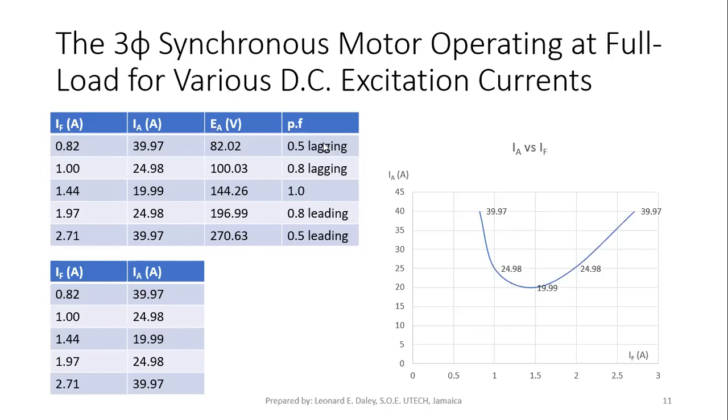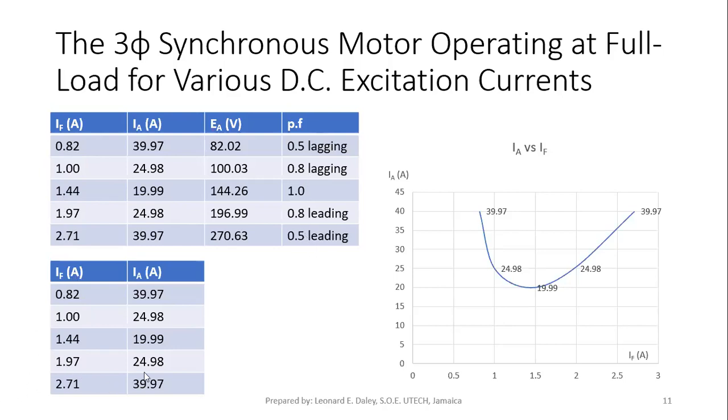Here we have a lagging power factor at 0.82, but by the time we reach 1.44, it is unity power factor. And by the time we reach 2.71, we are at 0.5 leading. So what we are showing here is that if we vary the excitation, we can vary the power factor. All right, that is the important thing that we want to know. You vary the excitation, you vary the power factor.